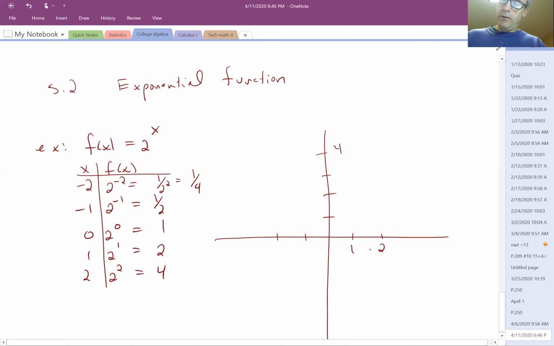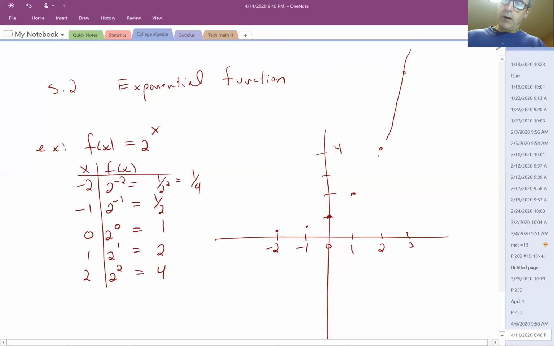One note, all the answers are positive. Plug in minus 2, you get 1/4. Plug in minus 1, you get 1/2. 0, you get 1. 1, you get 2. 2, you get 4. 3, what do you get? 8? Something way up here, right? Here's the exponential, what they call an exponential curve.